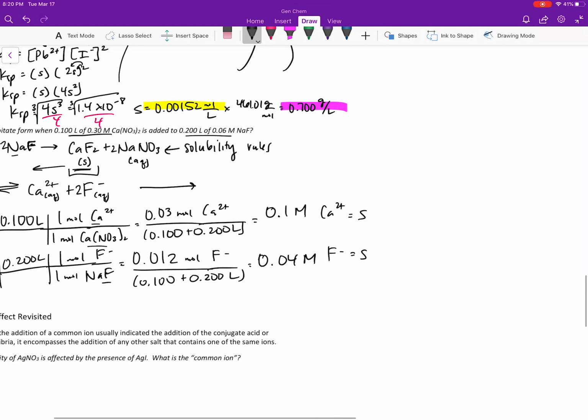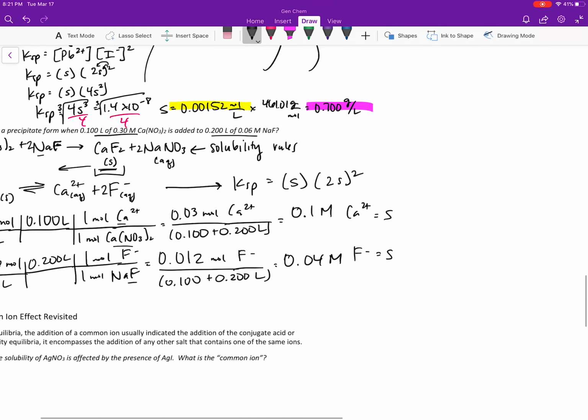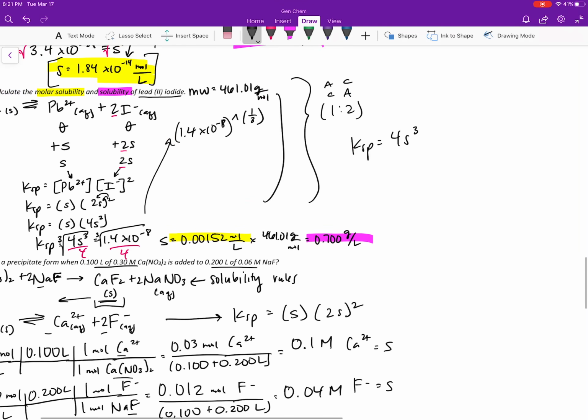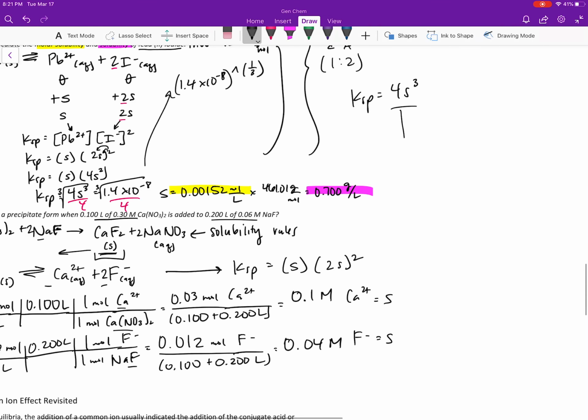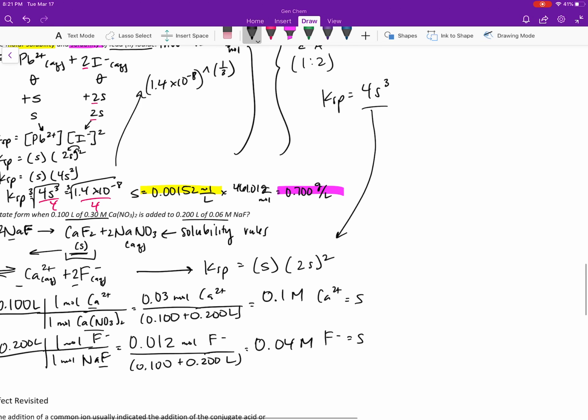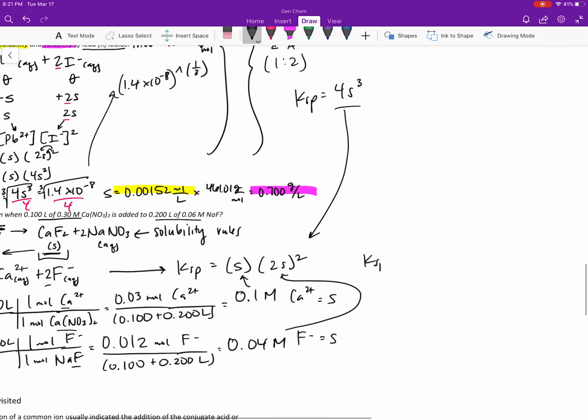Now if I think about my KSP expression, remember it's going to be products over reactants, but it's going to be S times 2S squared because this is a 1-to-2 ratio, and we said 1-to-2s are always going to be like that. And now I'm going to plug in my values. Make sure I plug in the right ones.